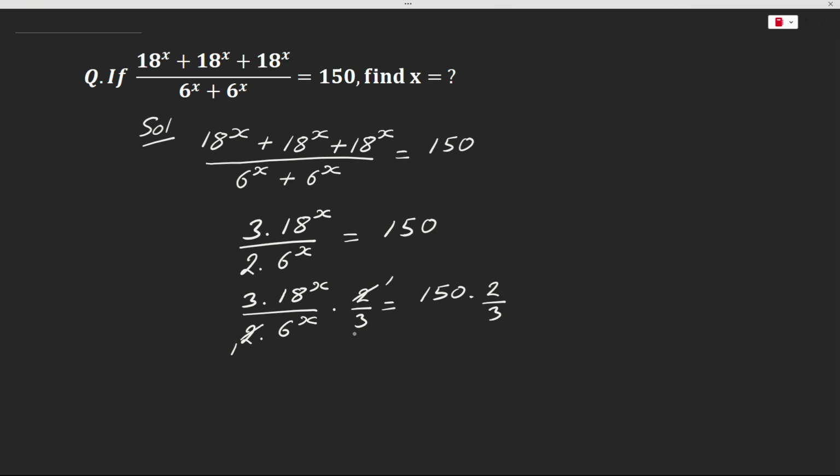Here and here 3 will be reduced by 3 one time, here also one time. Here 150 and here 3 will be reduced by 3 one time and 150 will be reduced 50 times. This equals 18^x by 6^x equals 50 times 2, which will be 100.